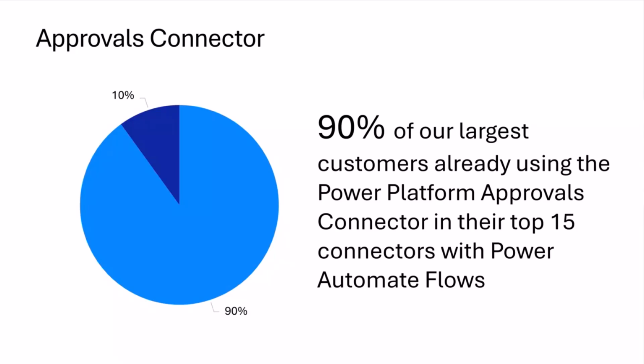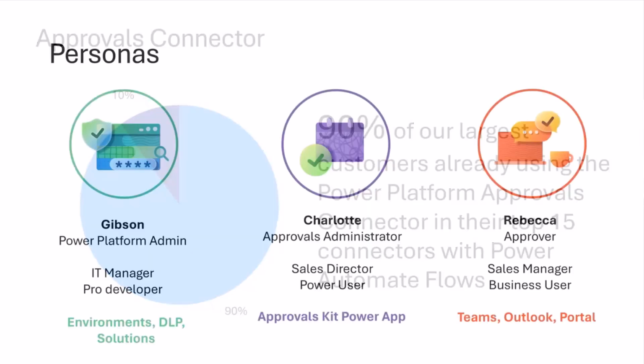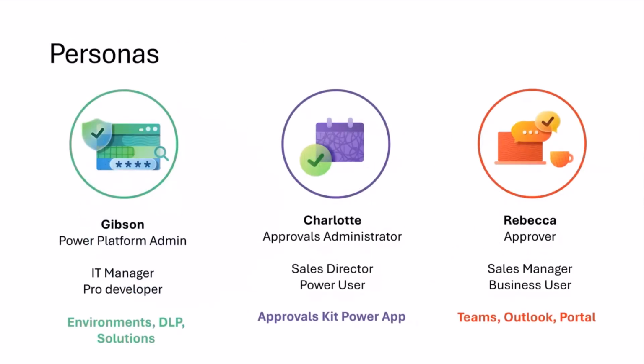And what we see is that there are generally three personas in this process. One of the initial personas is the Power Platform administrator that may want to create Power Platform environments, set up your data loss prevention policy, import solutions and set things up. Then there's the approvals administrator persona, where they want to create and model approvals processes.